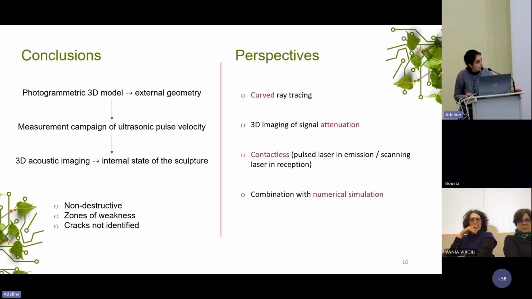More long-term perspectives are to make this experiment contactless by using lasers in emission of the wave and also in reception, and also to combine this kind of work with numerical simulation of the degradation processes that could be at stake.